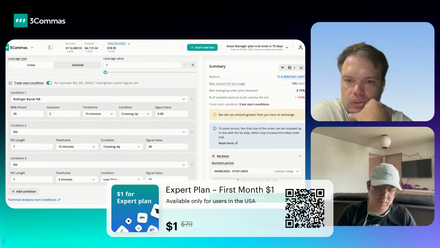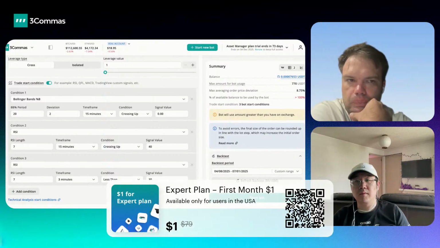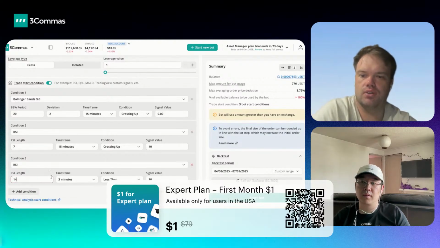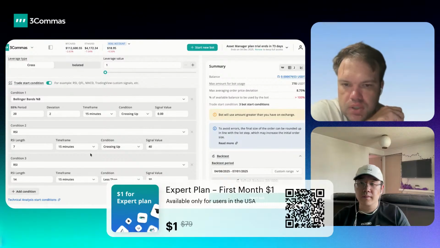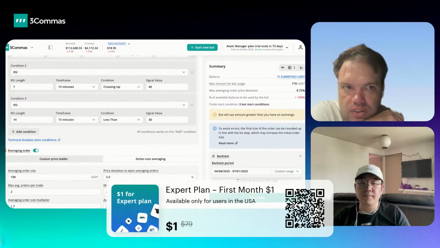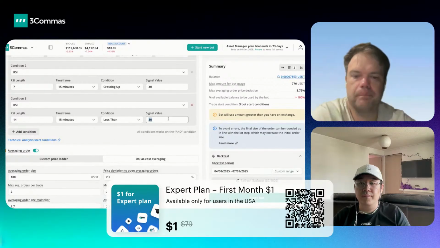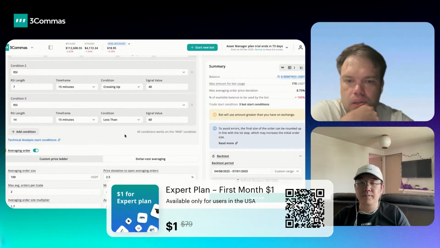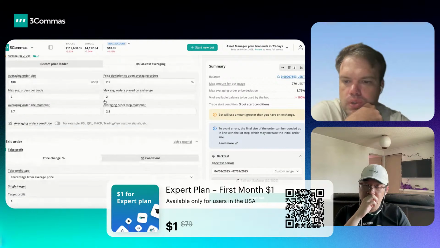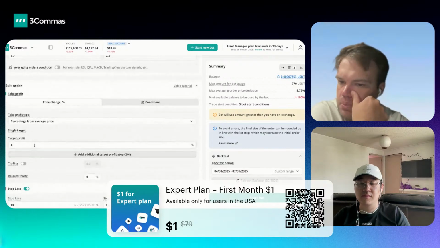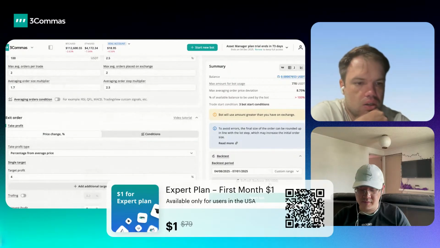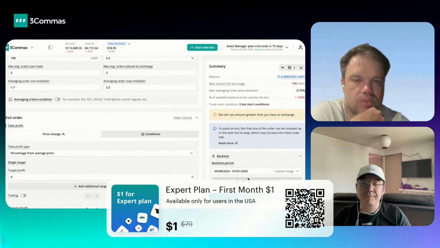And RSI with period 14, also 15 minutes, and I think I had less than 60. I'm still having the same averaging. This I can change when I start the trade. I will actually keep your take profit and your stop loss. Sounds good. So we have our custom range set up. Let's do this.